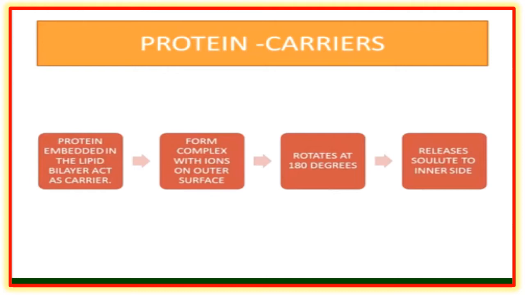Then rotation occurs at 180 degrees, and this rotation results in the release of the solute to the inner side. This is how protein carriers help in the channeling process of the mineral salts from the outer surface to the inner side of the membrane.